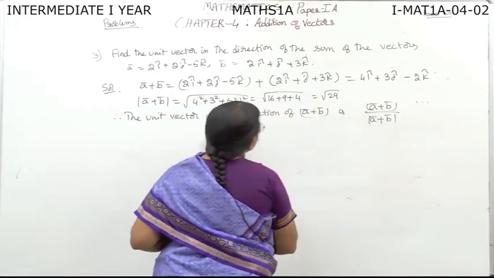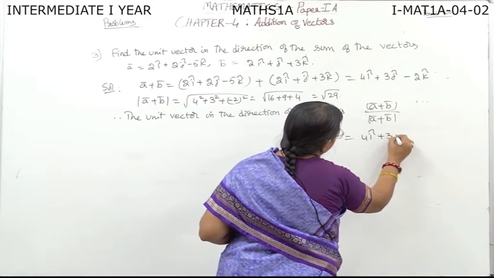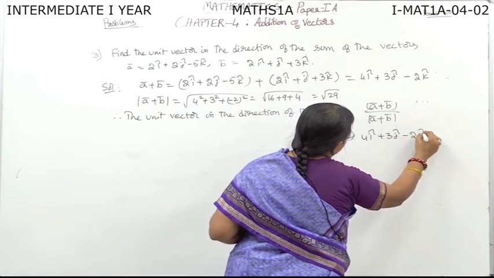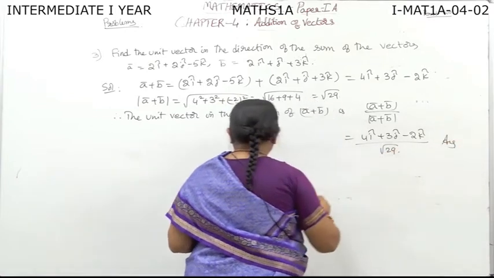A plus B is this, 4i plus 3j minus 2k, by root of 29.